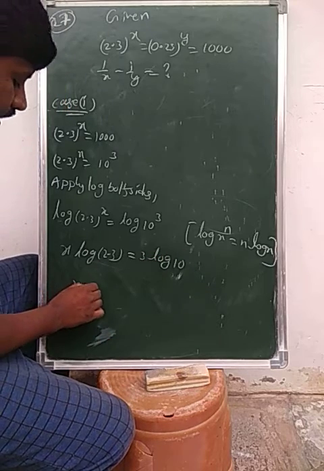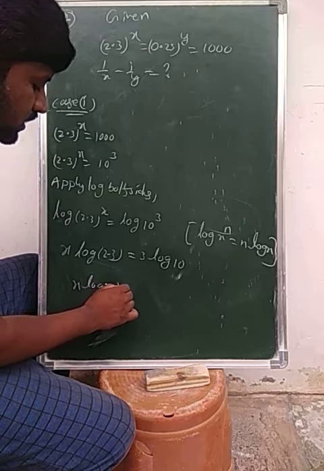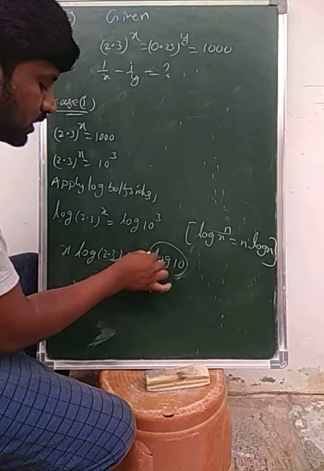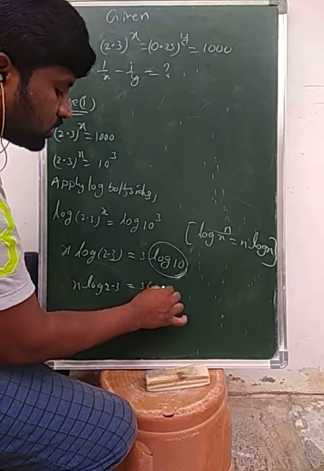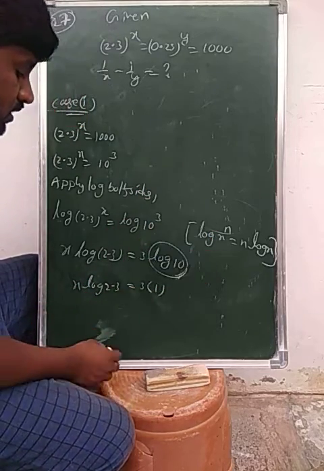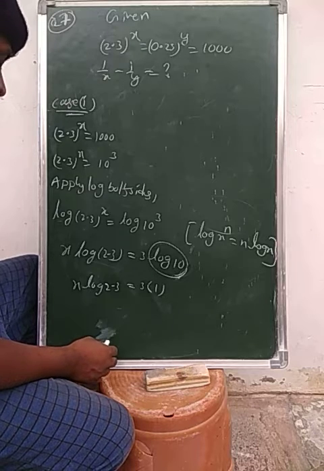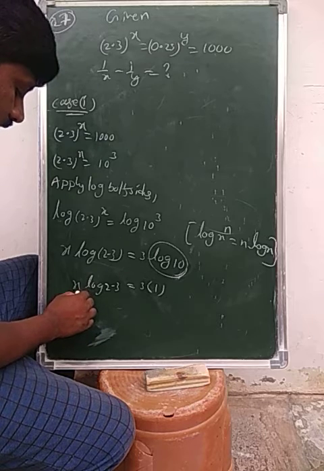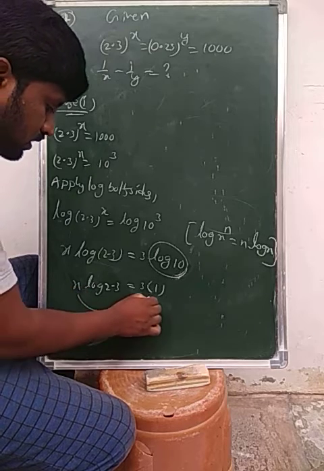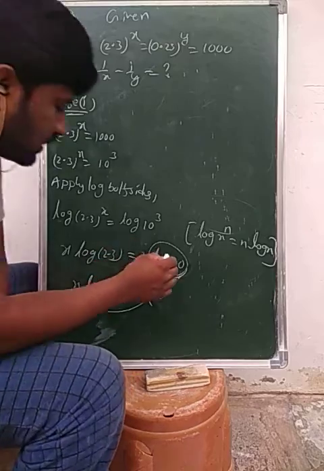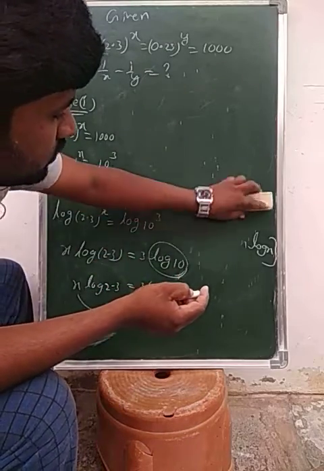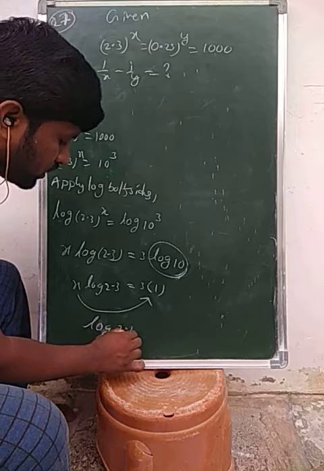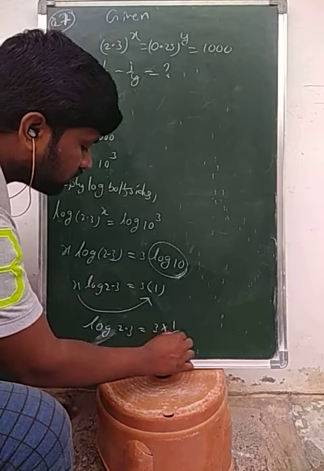Now x log of 2.3 is equals to 3 into log of 10. Log of 10 means that value is 1. Now what I am doing here, transposing this x to the RHS side. What we get? By transposing x, log of 2.3 is equals to 3 into 1 by x.